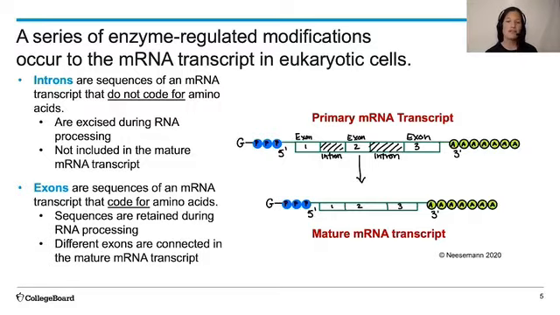So exons are the sequences of mRNA that do code for amino acids, which means they're retained during RNA processing, and those different exons are then connected to each other to make what we call the mature mRNA transcript. So you can see in the picture, we have the primary transcript, which contains both those introns and the exons, and then the mature mRNA only has those exons.